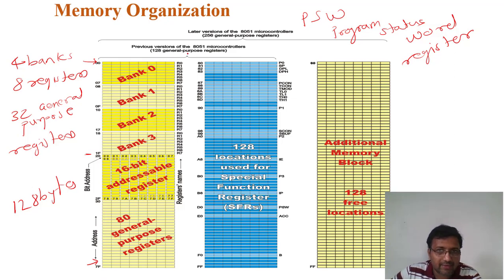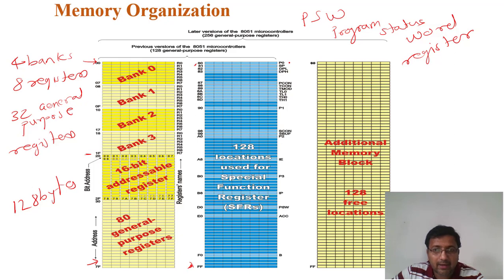Over 7F, from 80 to FF, these are the SFRs. Okay, there are 128 locations used for SFRs. Like we have P0 at 80, SP, that is stack pointer, is located at 81, DPL, that is data pointer lower byte, is located at 82, data pointer higher byte is located at 83. Also PCON, that is power control register, is 87, timer control is 88, TMOD is 89, and so on.